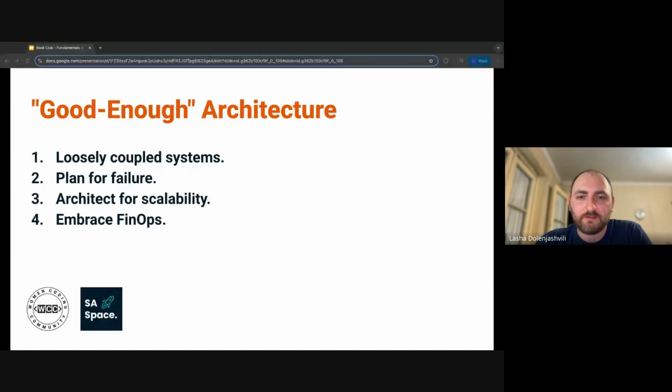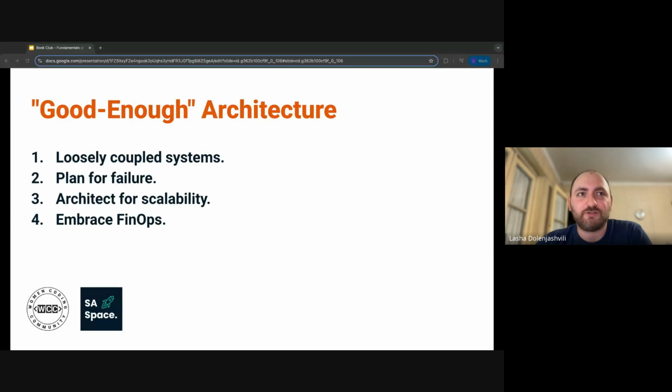Another principle is to plan for failure, because as the famous saying goes, everything fails all the time. So you need to be aware of your recovery time objective, so-called RTO. It means how quickly you must recover after a failure, and your recovery point objective, RPO.